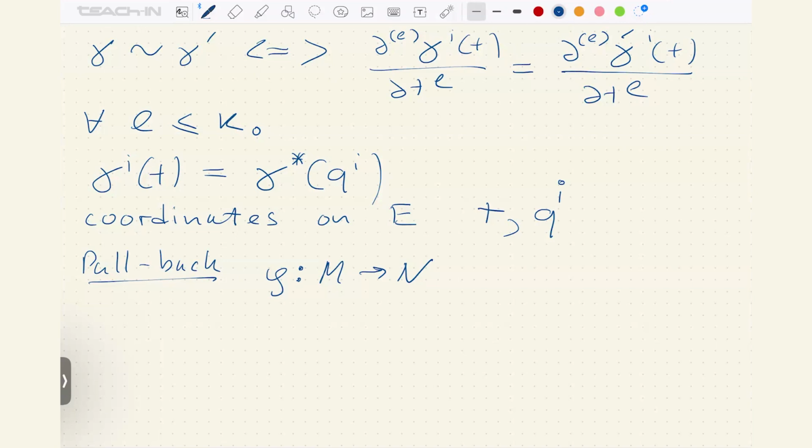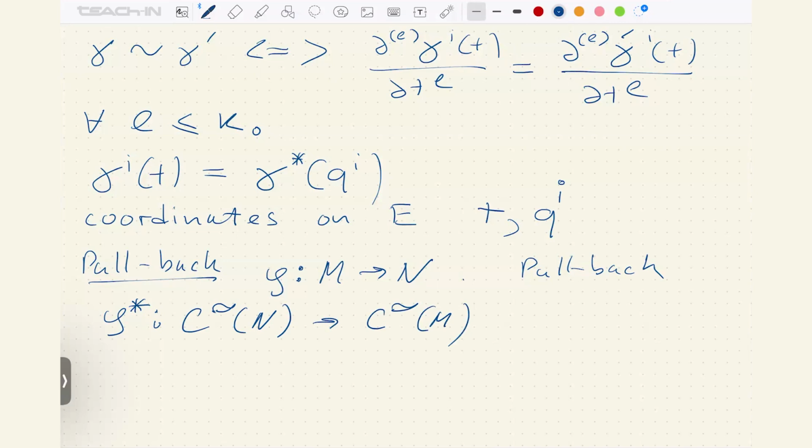Then there is a natural map, which is called pullback, denoted by phi star, which is a map from functions on N to functions on M. You see the trick: phi goes from M to N, while phi star goes backwards. That's why there is this "back" in the name.